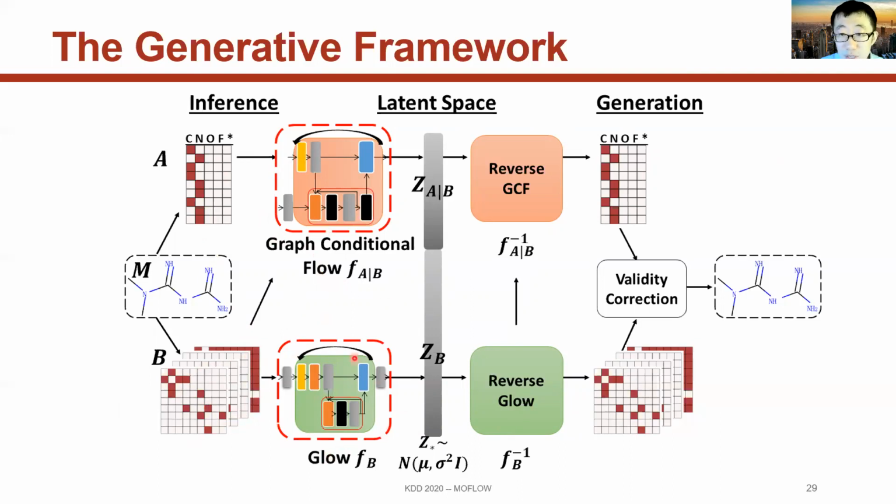We encode the discrete molecular graphs into a continuous latent space, modeled by a simple Gaussian distribution. We can sample from latent space and use inverse mapping to generate bond tensors and atom matrix, respectively. And then we assemble atoms and bonds into a chemically valid molecular graph.